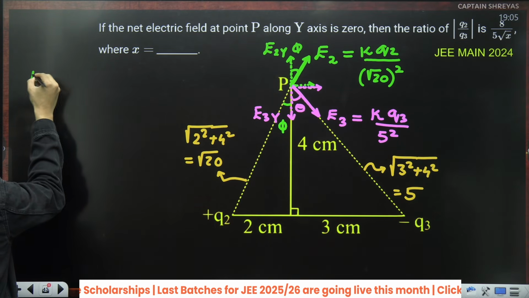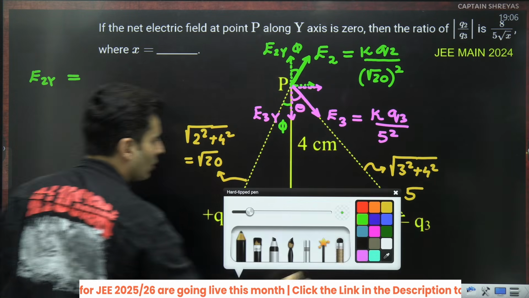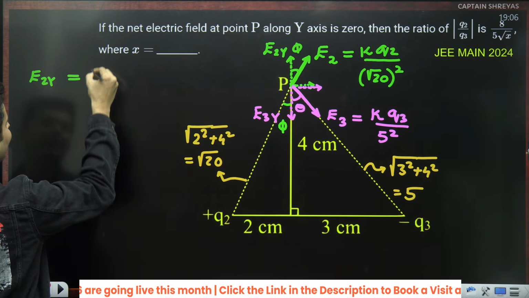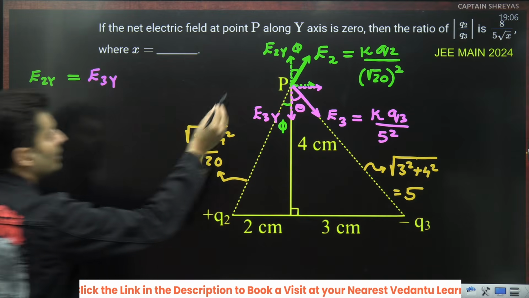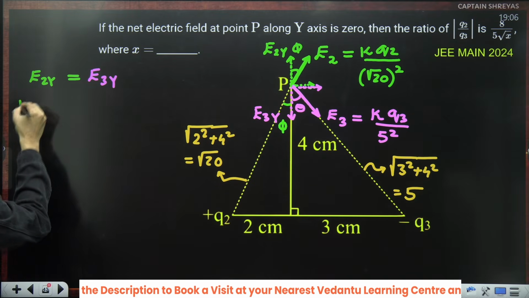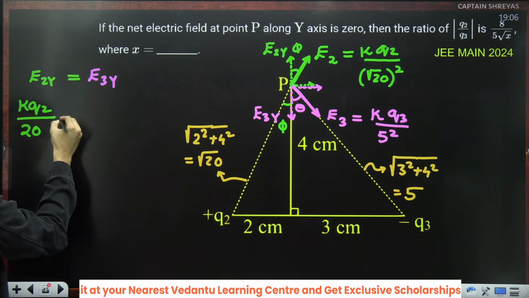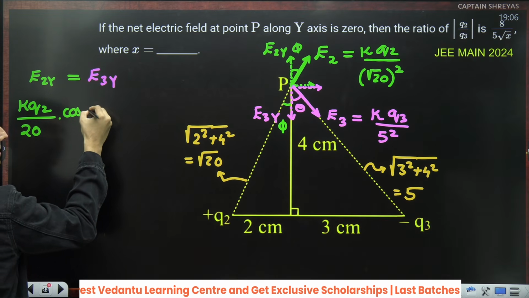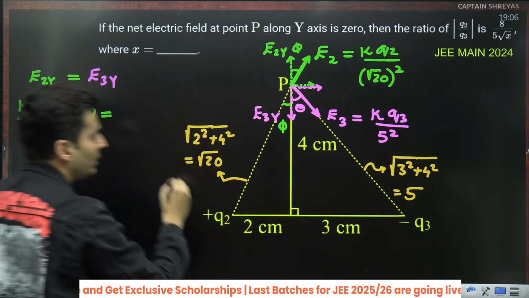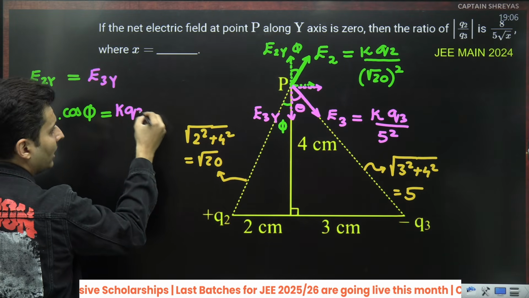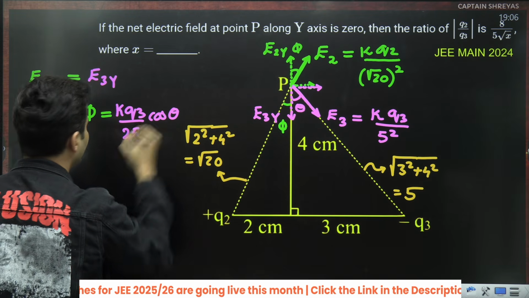So E2y will be numerically equal to E3y. So what is E2y? It will be E2. E2 is basically K Q2 divided by root 20 square, which is 20, into cos phi, which will be numerically equal to K Q3 divided by 5 square, which is 25, and you will have cos theta.